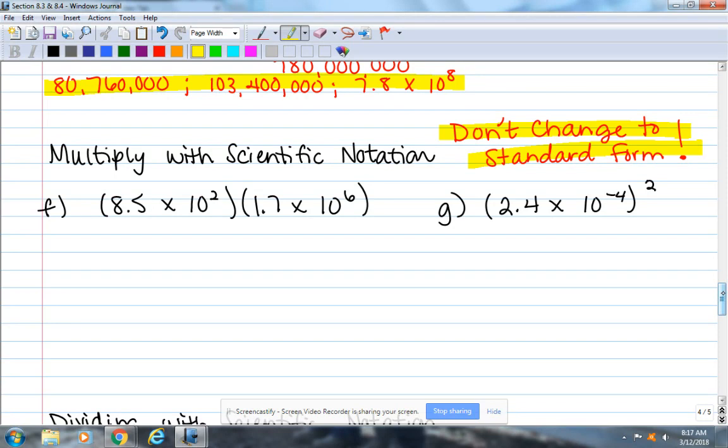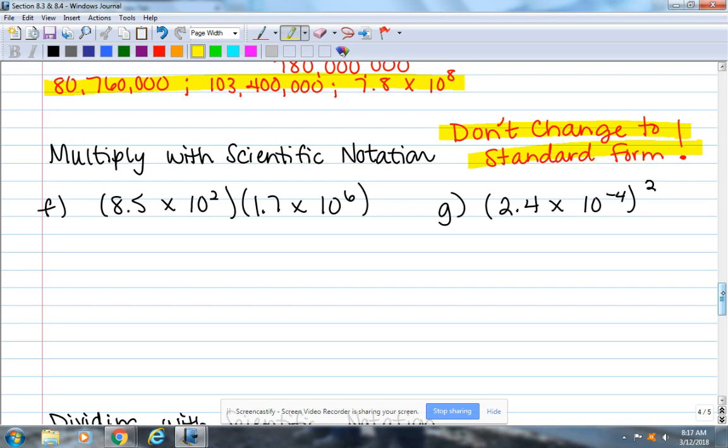So when you multiply 2 numbers that are in scientific notation, first thing we're going to do is we're not changing these to standard. Not doing it. We're going to keep it scientific because that's the whole point of this lesson, is to make sure we know how to multiply with scientific notation. So we're going to keep everything scientific.